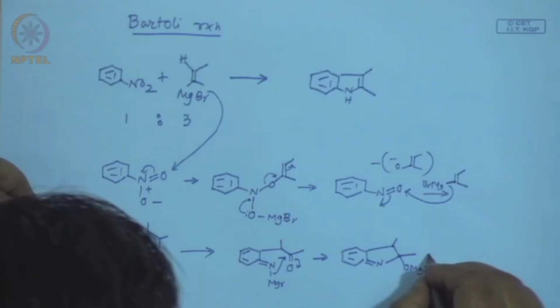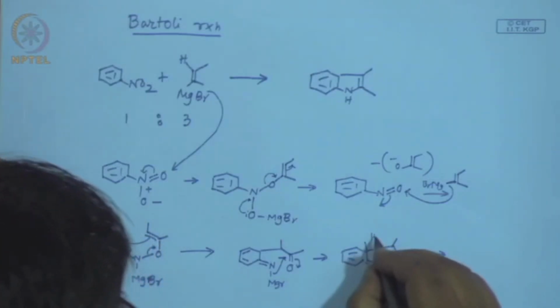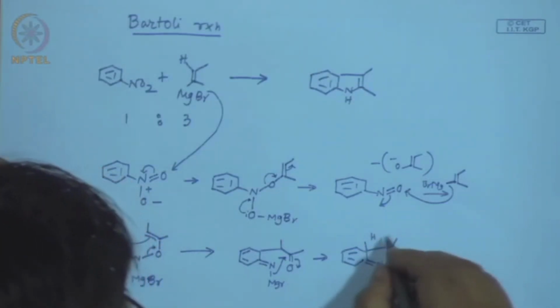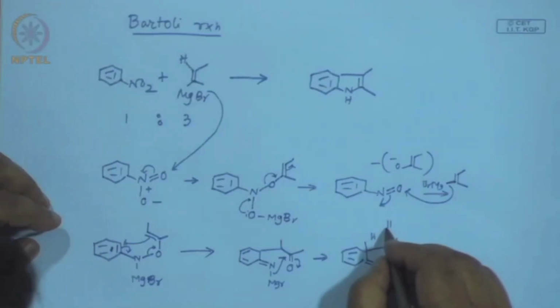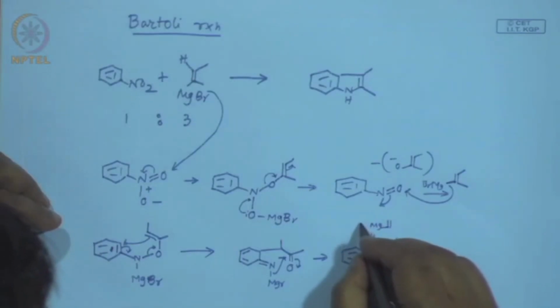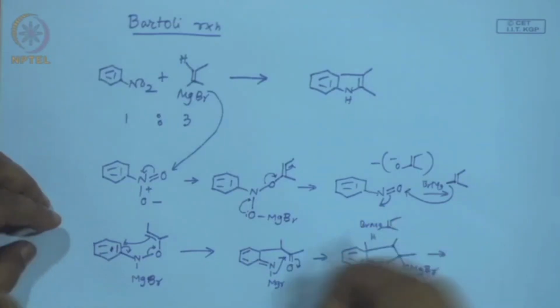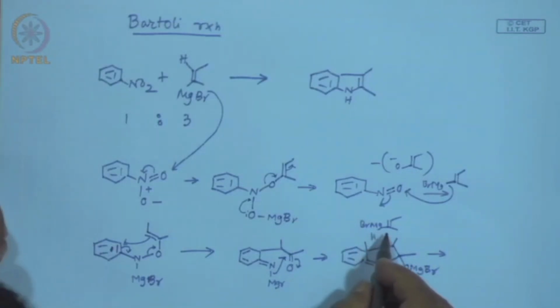Then the next step is proton transfer, and this is where the last equivalent of magnesium is consumed. That is the reason why 3 equivalents of magnesium reagent are required. All of us know magnesium also picks up the acidic hydrogen.